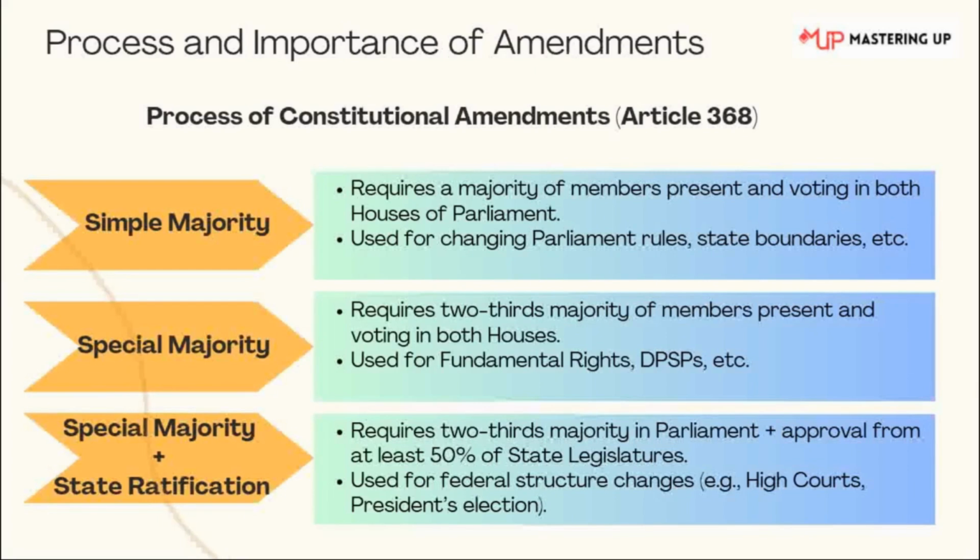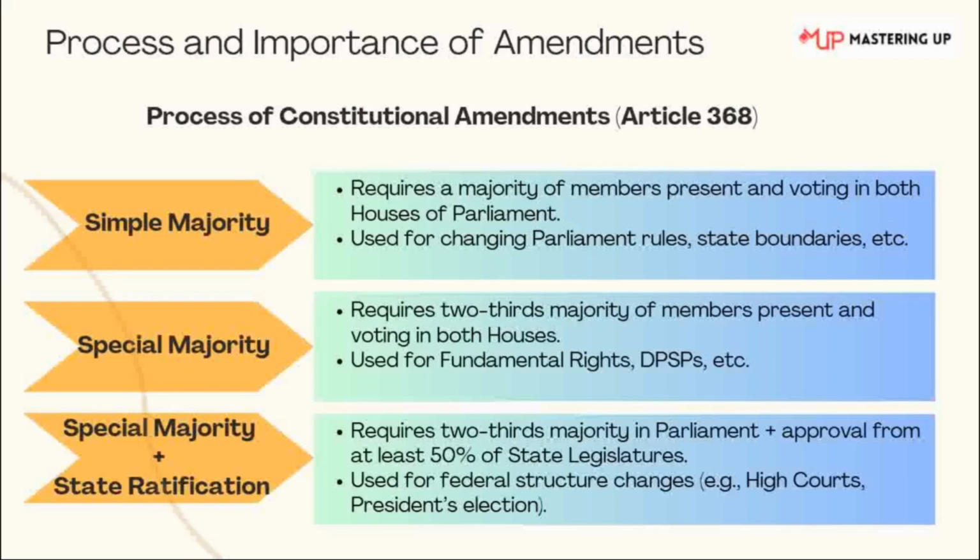The process of constitutional amendments is categorized under three categories: simple majority, special majority, and state ratification. The categorization depends on the subject of constitutional amendments.